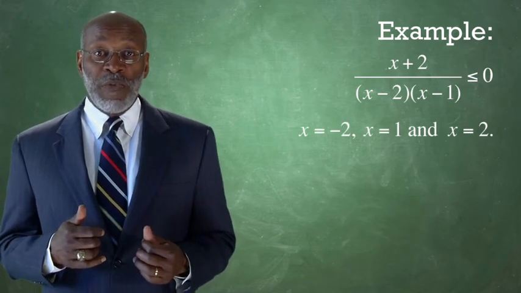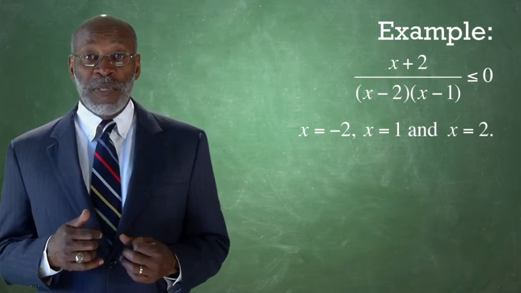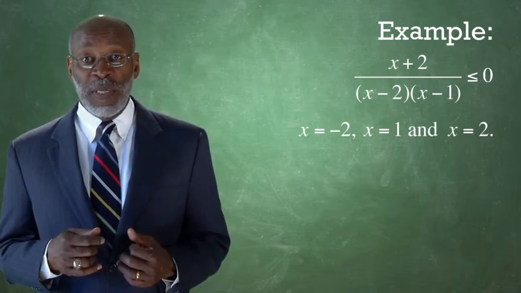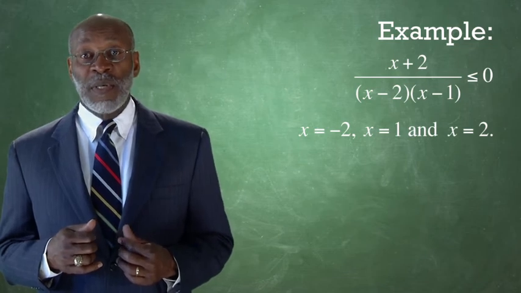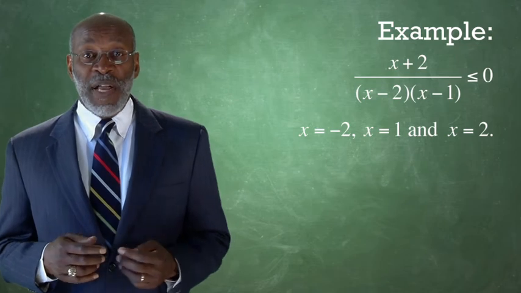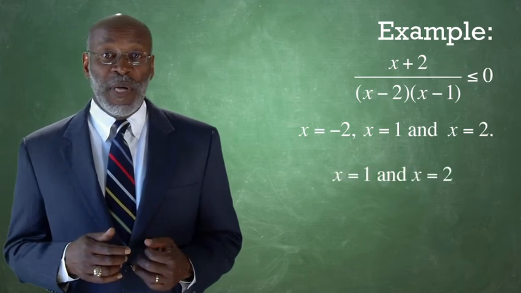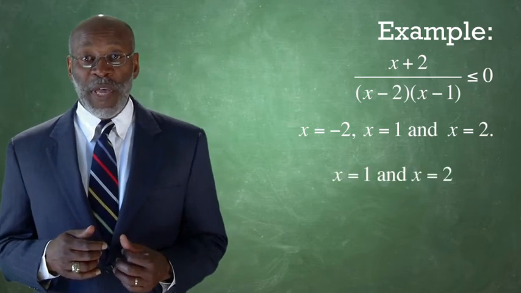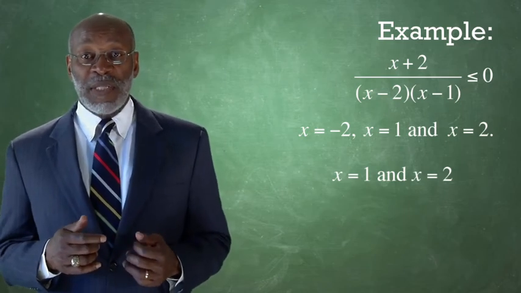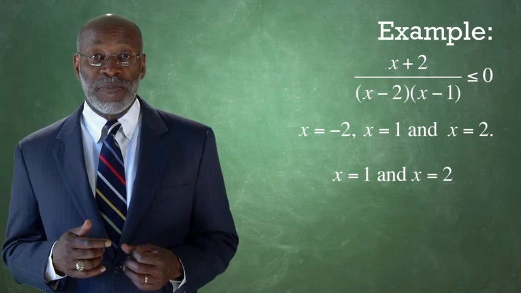The points on the real line are x equals negative 2, x equals positive 1, and x equals positive 2. Since the values x equals 1 and x equals 2 make q of x equal 0, x cannot take on these values.